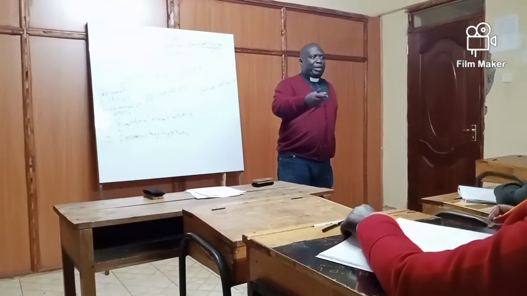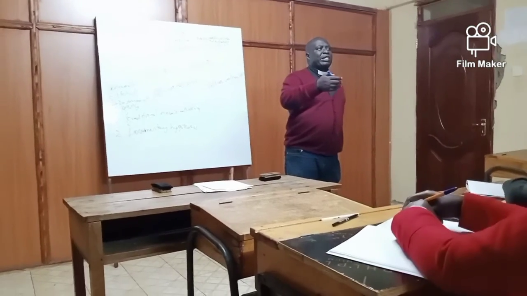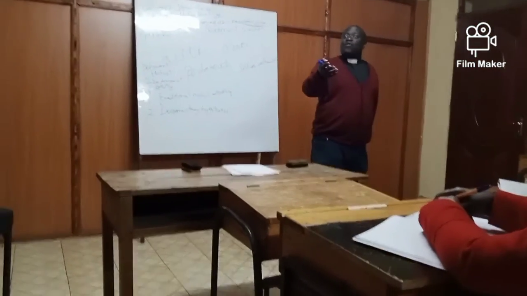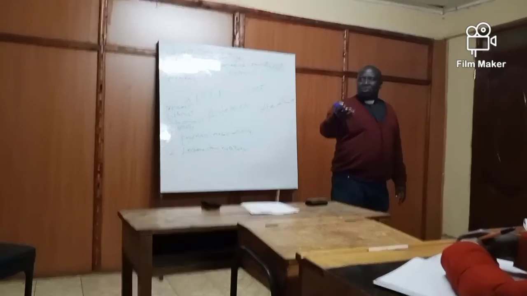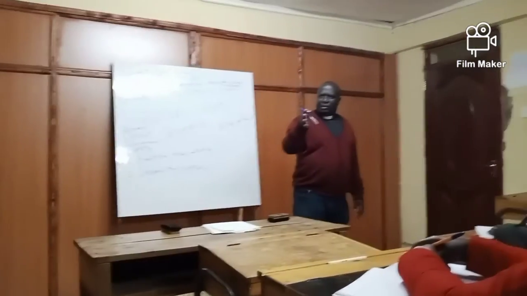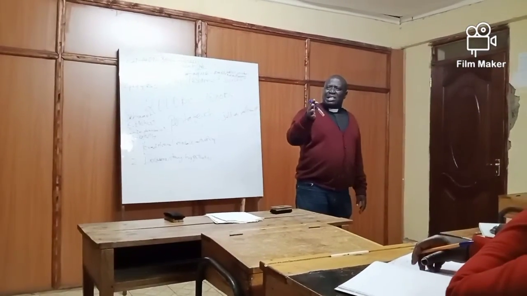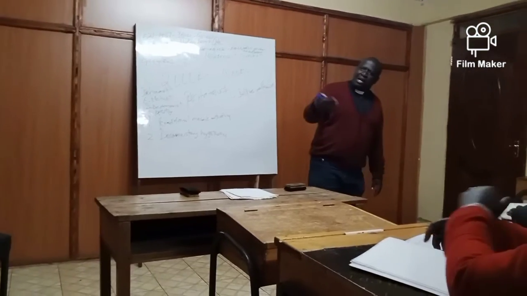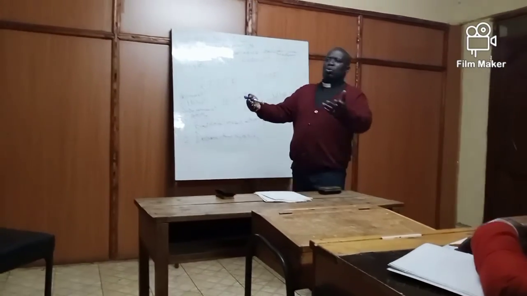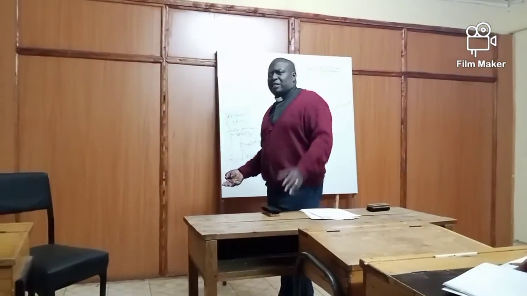There are two ways of interpreting the Bible. You interpret it literally or figuratively. The Bible is very clear. When it says sex, it says Adam knew his wife. It did not hide.